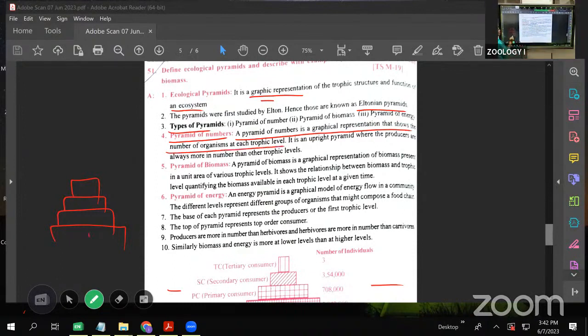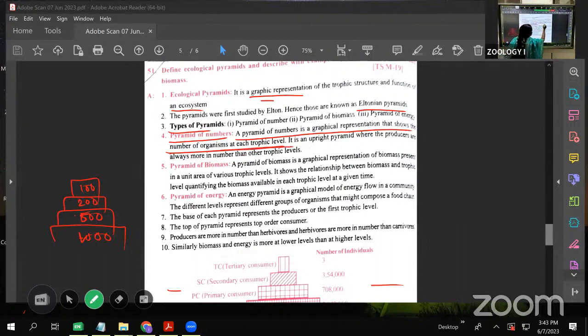In this trophic level, how many organisms are there? How many are there here? Like that they give the number, and we call it a pyramid of numbers.